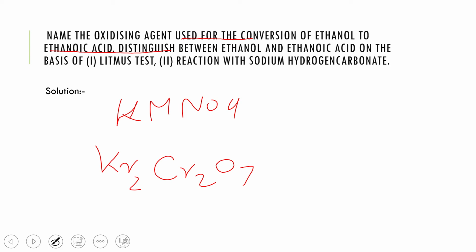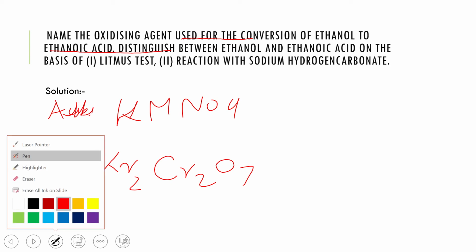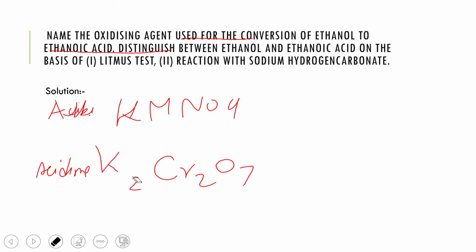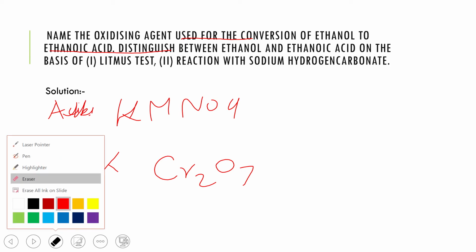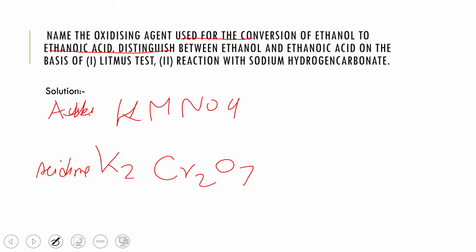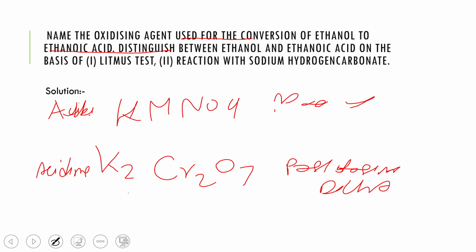One is acidified potassium permanganate, and acidified K2Cr2O7, that is potassium dichromate, and this one is potassium permanganate.